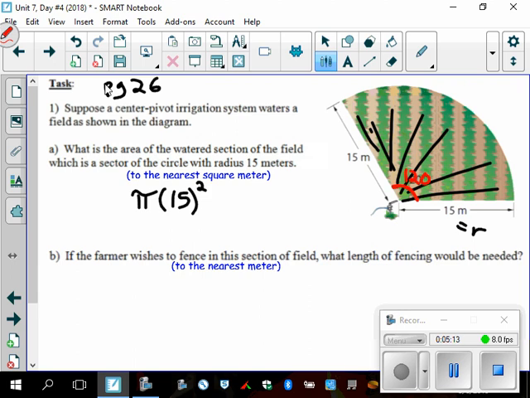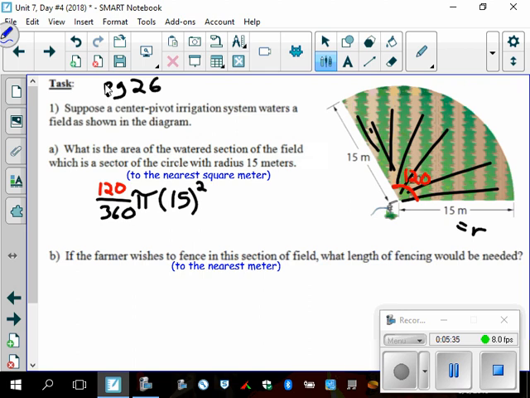And a whole circle counts as, oh, 360. So I'm going to take a portion of it by multiplying this by 120 over 360, or it's a third of it, okay?